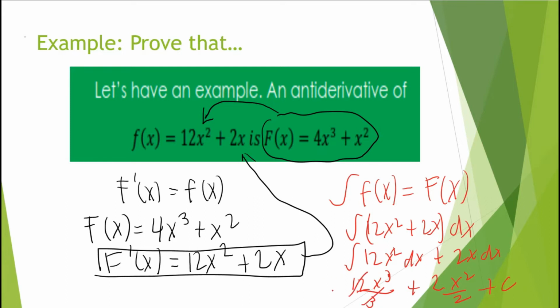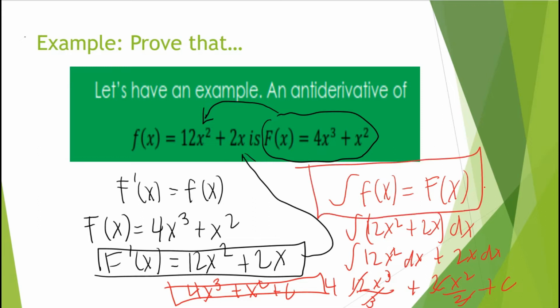So this becomes 12 divided by 3 is 4. And then this cancels. So the answer is 4x cubed plus x squared plus c. So this one is correct.